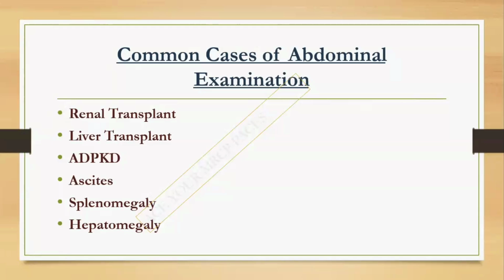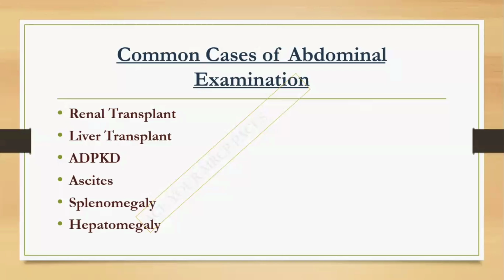In case of liver transplant, I think I told you when I was telling you about the scar. And if it is a case of polycystic kidney disease, there is nothing evident in the exam apart from pallor, so look carefully for ballotable masses, because once you are good in your examination technique, only then can you palpate polycystic kidney disease.